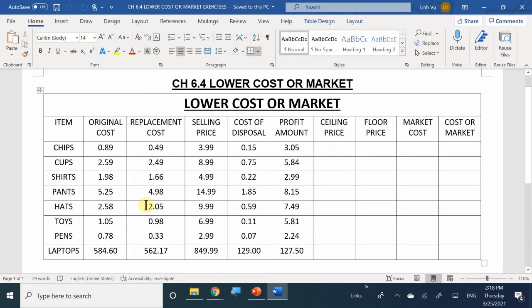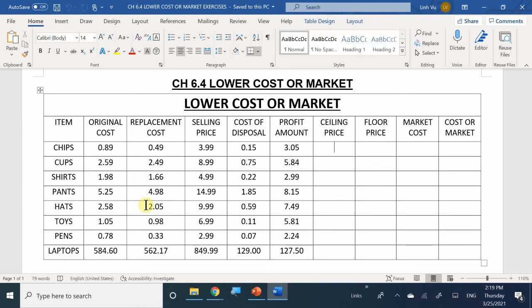So number 1, let's say I bought chips, right? Each per unit is going to be 89 cents per bag. Maybe I bought the special chip, the special limited edition flavored chips. I say, okay, it's worth 89 cents when I originally bought it. But now the market says that, dude, these are long gone.